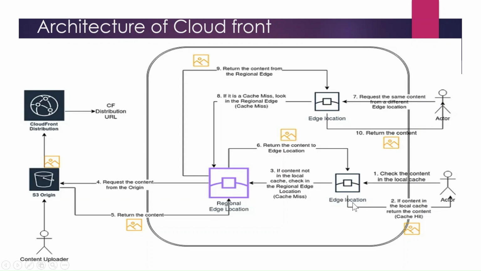The second step is, if the content is in the local cache, it returns the content immediately to the user. If the content is not in the local cache, it will check in the regional edge location.